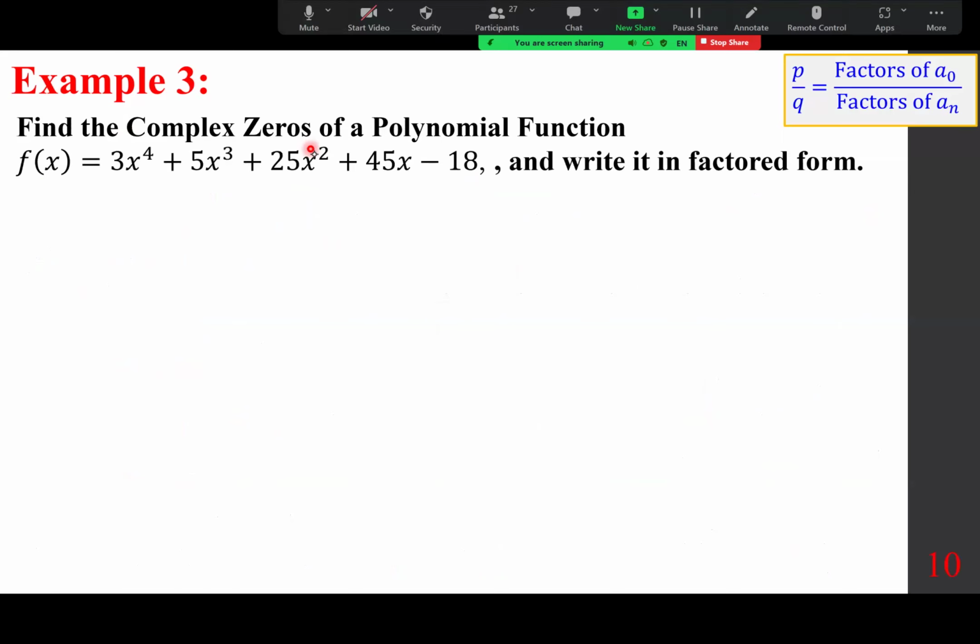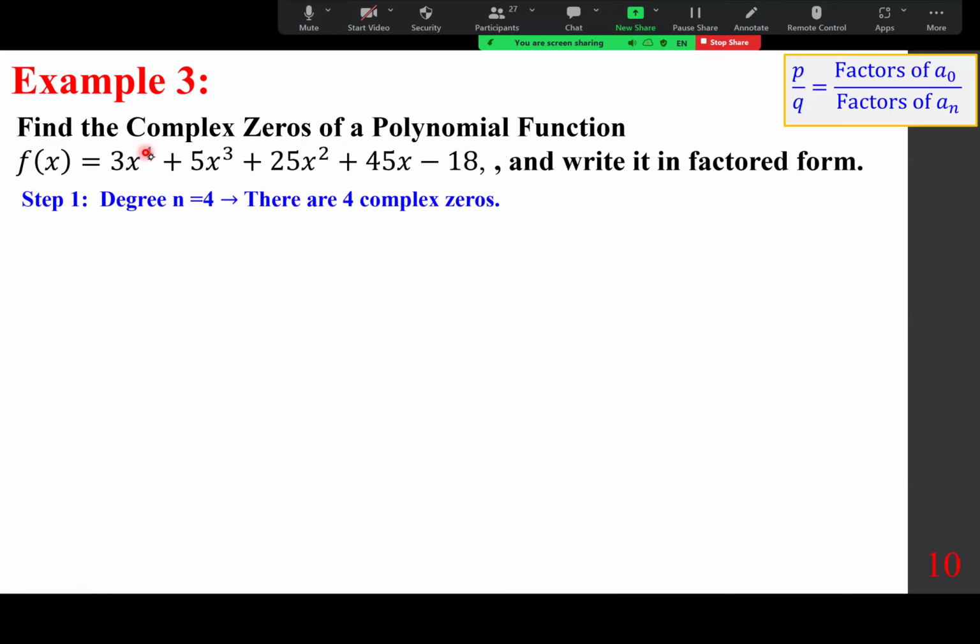Find the complex zeros of a polynomial function, where f of x is 3x to the power of 4 plus 5x cubed plus 25x squared plus 45x minus 18, and write it in factored form. The degree is 4. We have 4 complex zeros.